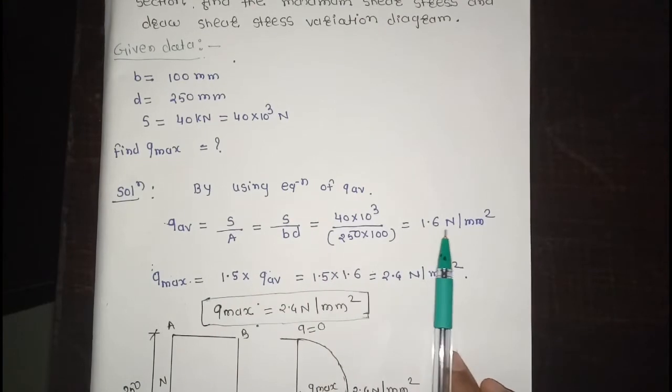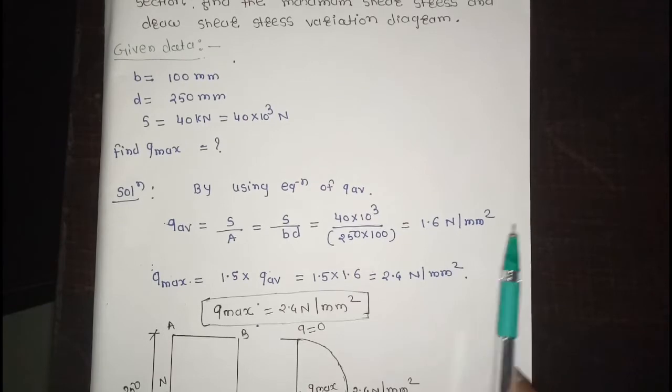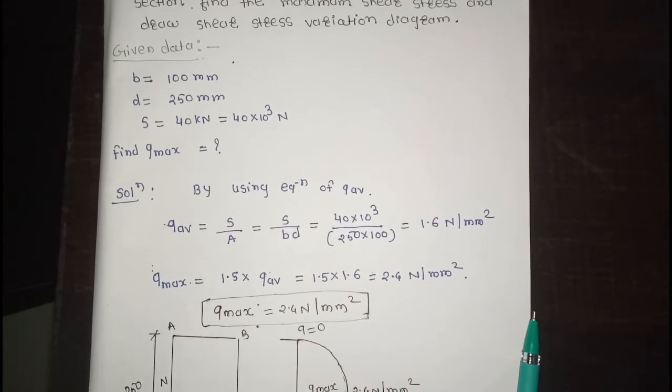Then we get 1.6 Newton per mm square. So Q max is equal to 1.5 into Q average, so 1.5 into 1.6, then we get 2.4 Newton per mm square. So Q max is equal to 2.4 Newton per mm square.